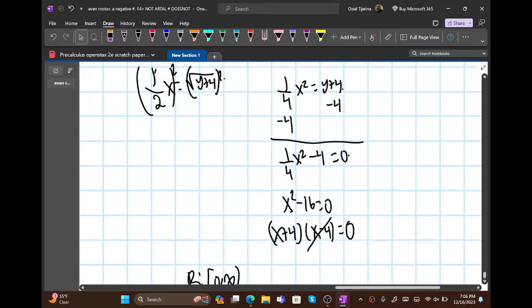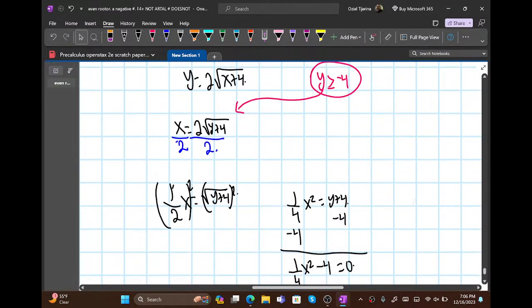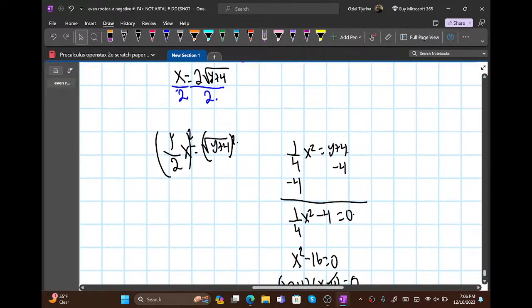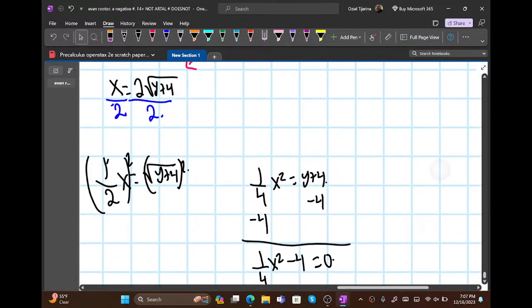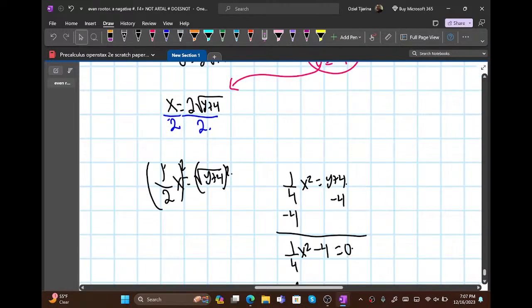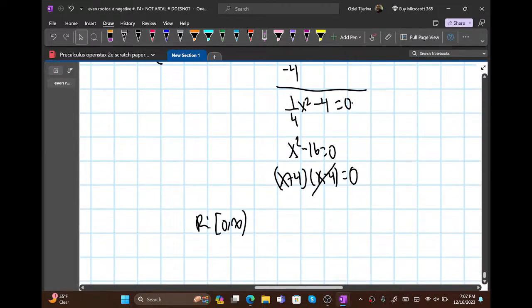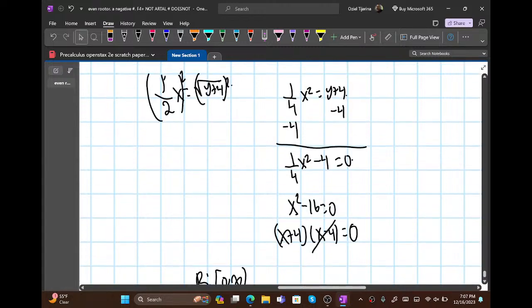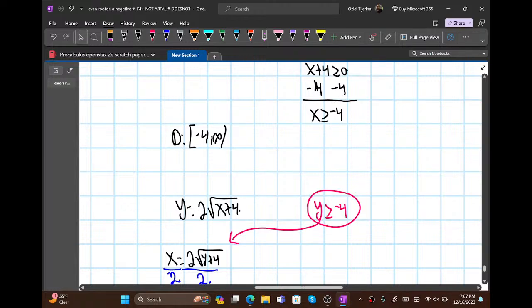Once you solve for y, you need to make it equal to 0, and then whatever x value you get, you need to tie it back to the idea that the domain is from -4 to infinity.